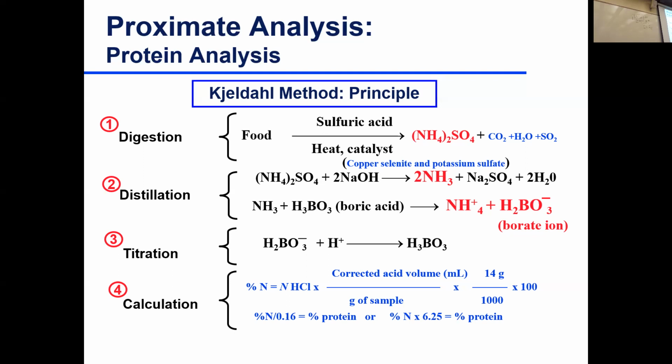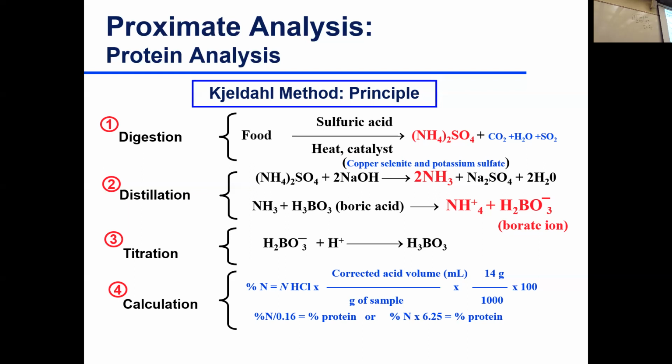So the number of moles of HCl needed to neutralize ammonium borate would be equal to the number of moles of nitrogen. So 1 nitrogen, 1 mole of ammonia, 1 mole of borate, 1 mole of HCl.